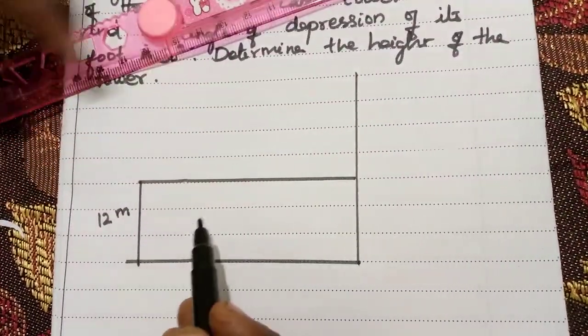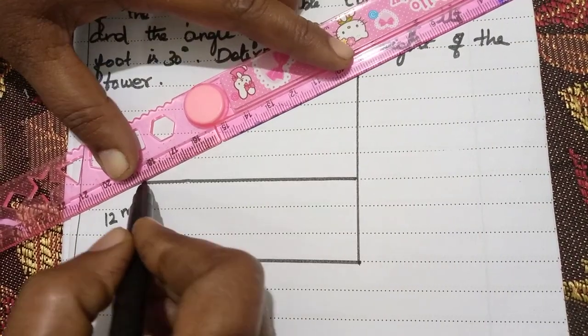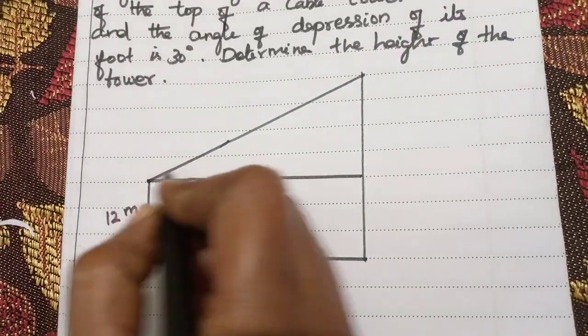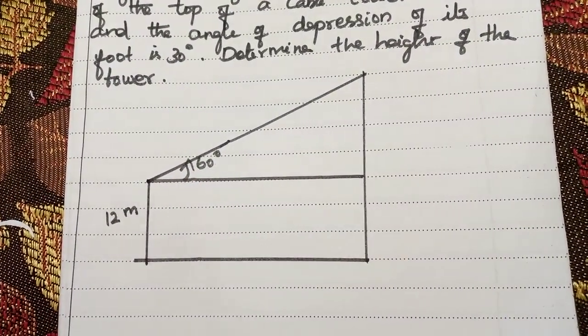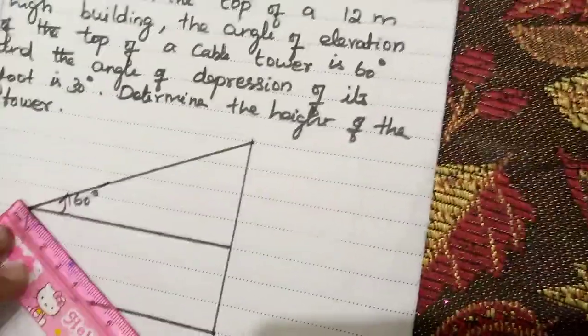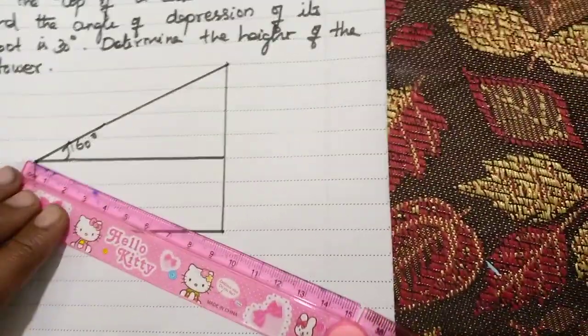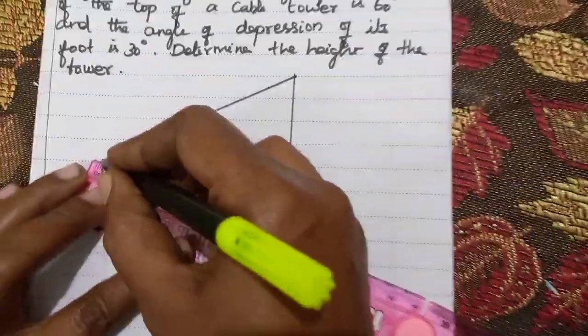The first angle, the angle of elevation from the top of this building, is given as 60 degrees. This is the angle of elevation, and from this top to the bottom of this cable tower, it is the angle of depression.